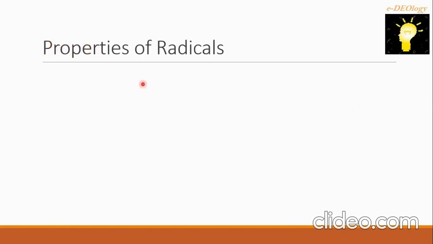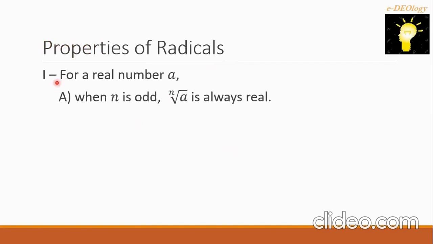Now let's go to properties of radicals. First one is, for a real number a, when n is odd, the radical nth root of a is always a real number. Take note, the n there is the index.